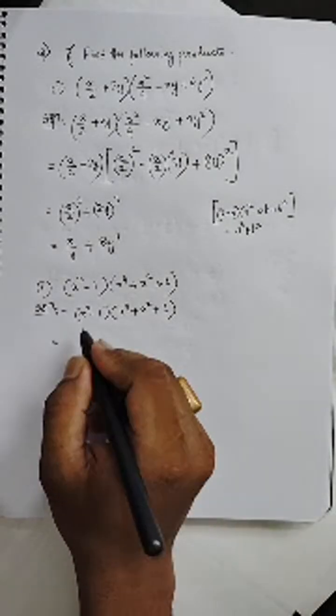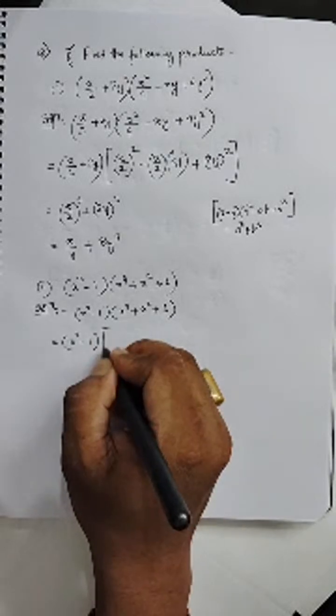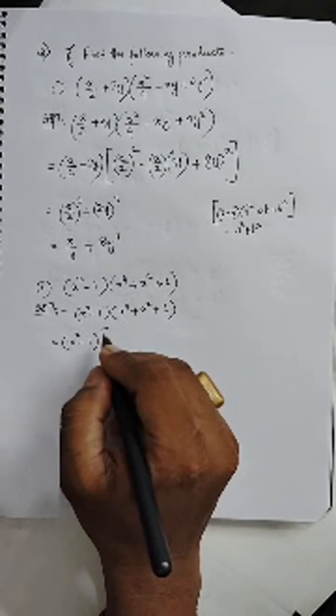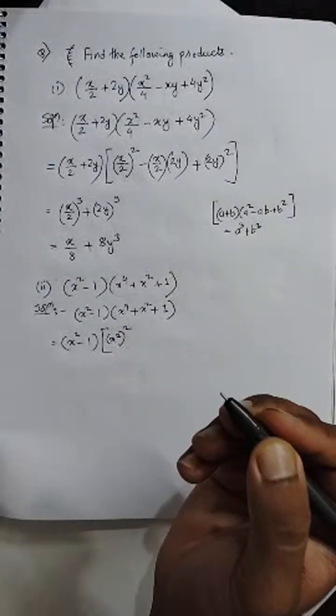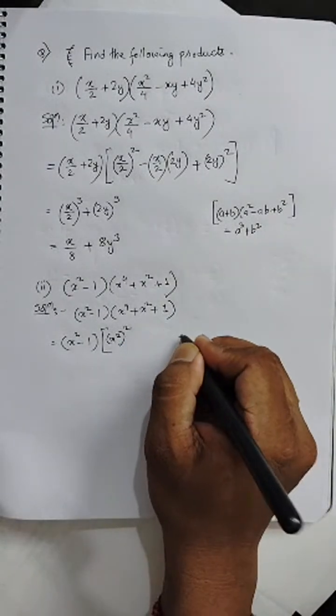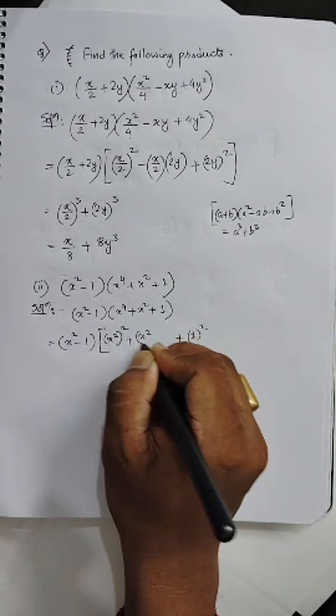Okay. So x square minus 1, we will write it as x square minus 1. So x to the power 4 can be written as x square whole square, and then a gap, 1 whole square, and then x square into 1.